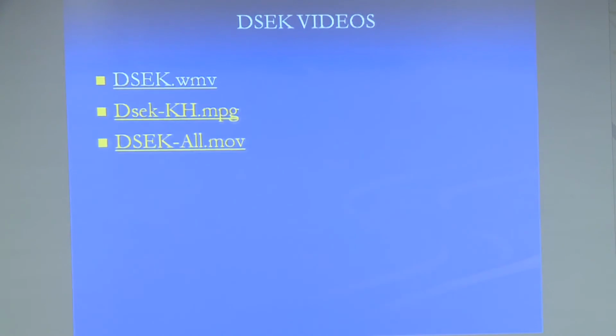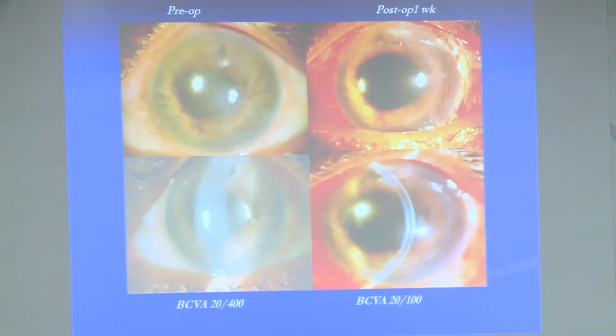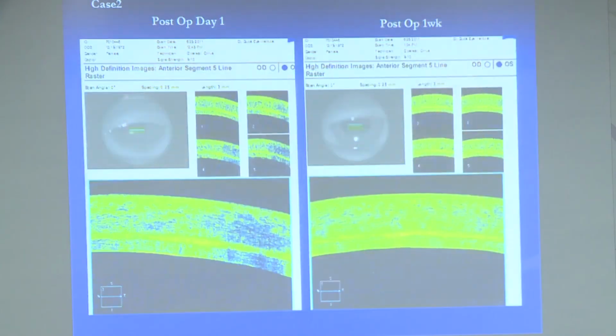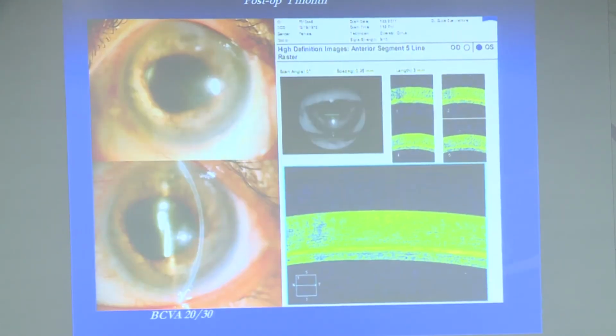This is the end of the video, and this is the pre- and post-op outcome of the same patient. Visual acuity improved to 20/100 by 1 week, and these were the ASOCT pictures of the same patient, and at 1 month post-op the visual acuity improved to 20/30.